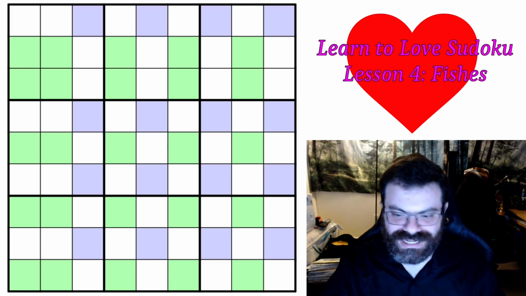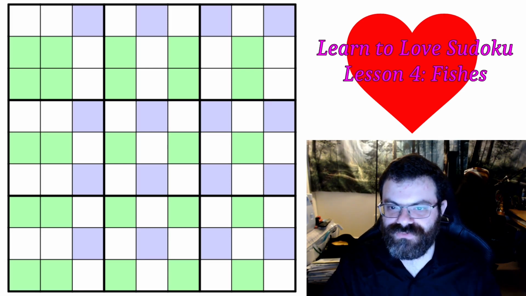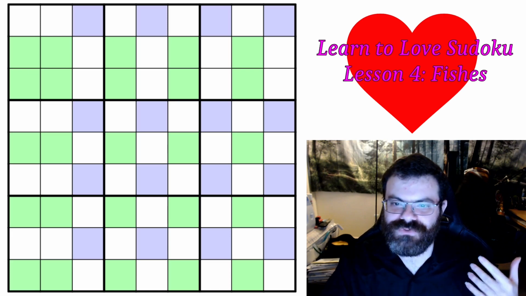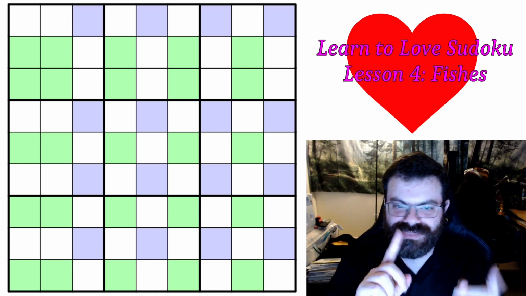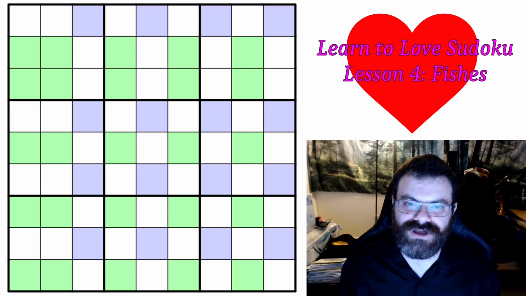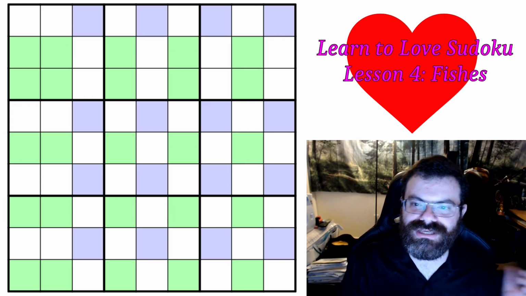So if you find a naked triple, you found a hidden sextuplet. If you find a naked quadruple, you found a hidden quintuplet. And then they flip, and if you find a naked quintuplet, you've now found a hidden quadruple. And so instead of calling it a naked quintuplet, we'll call it a hidden quadruple.